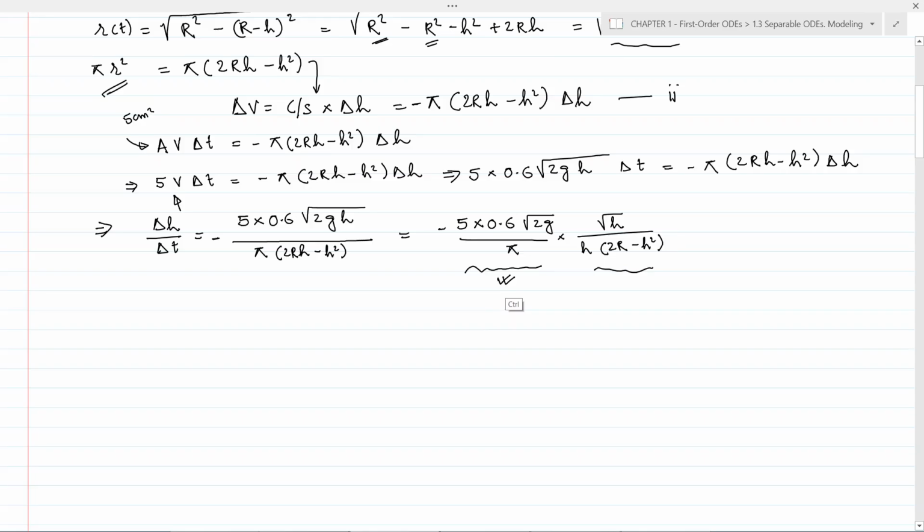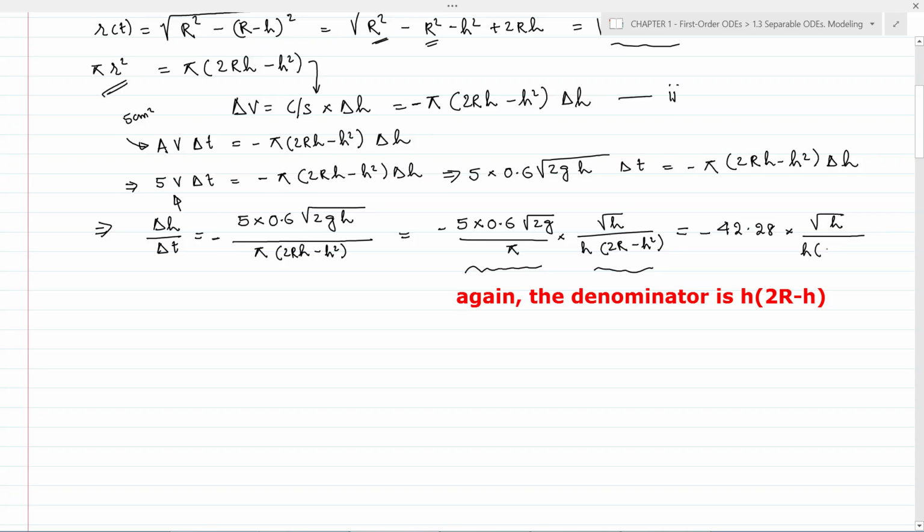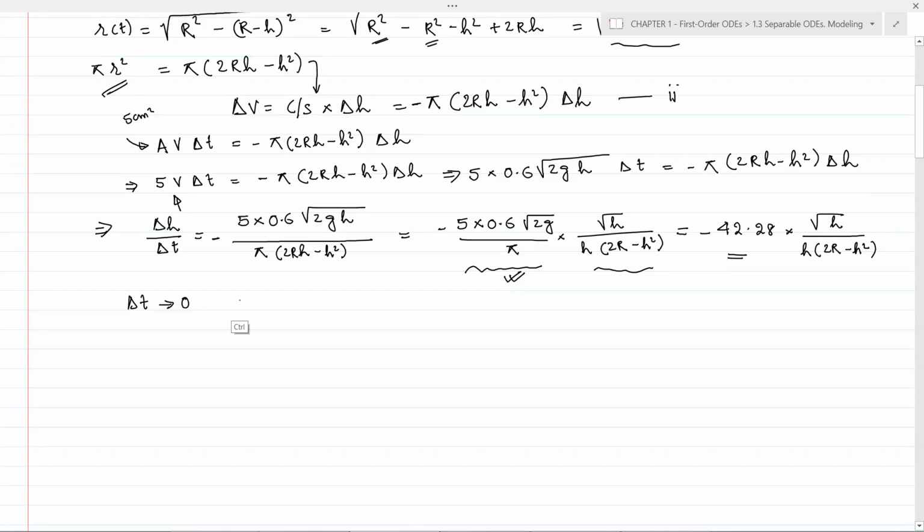These numbers can be calculated. Now, this is equal to minus 42.28 multiplied by square root of h divided by h (2R minus h) squared. Now, if delta t tends to 0, then delta h by delta t can be written as dh by dt.